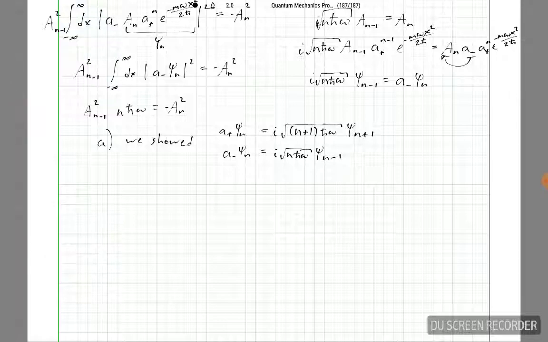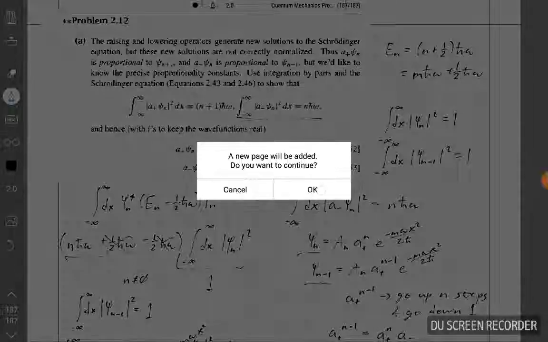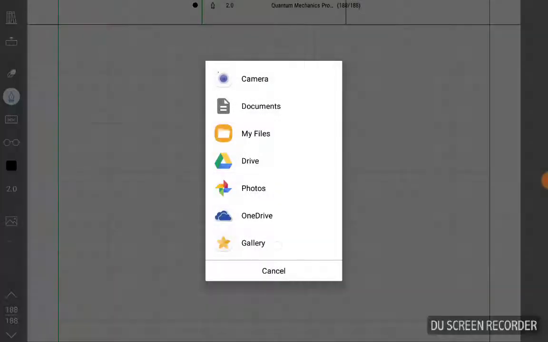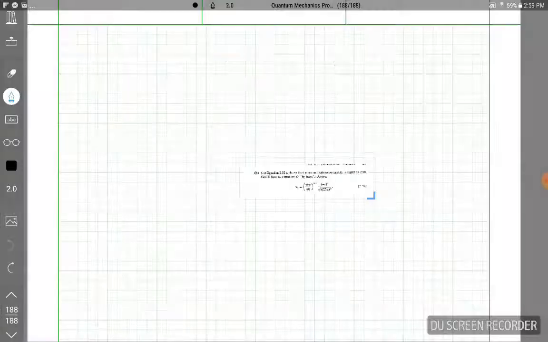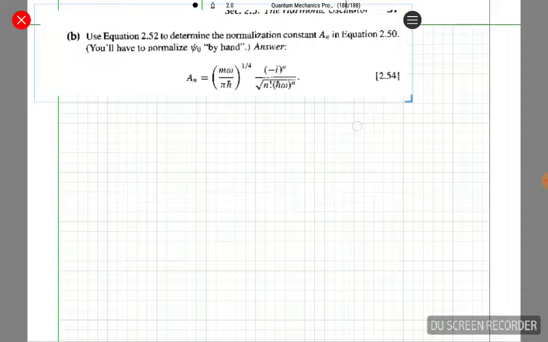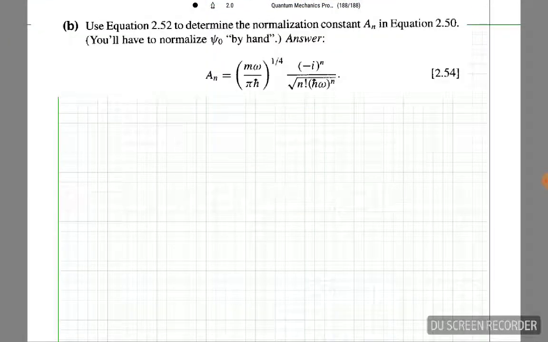Let's just go ahead and take a new page, and we'll go into part B so we can pull it up. Let's just pull up what part B is. So now we want to use equation 2.52. By the way, equation 2.52 was just that result that we showed, to find out what A n is.